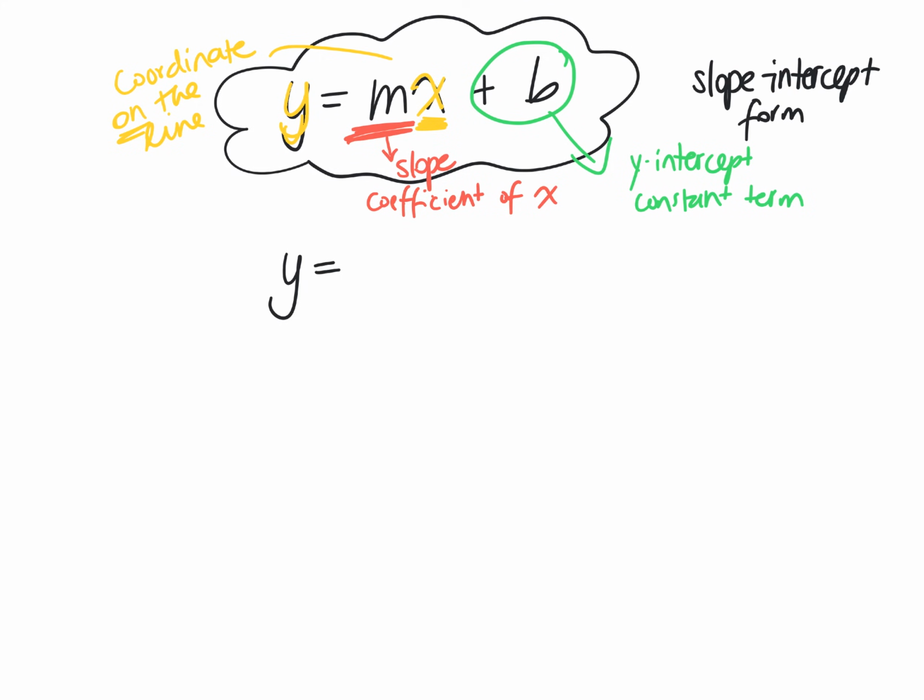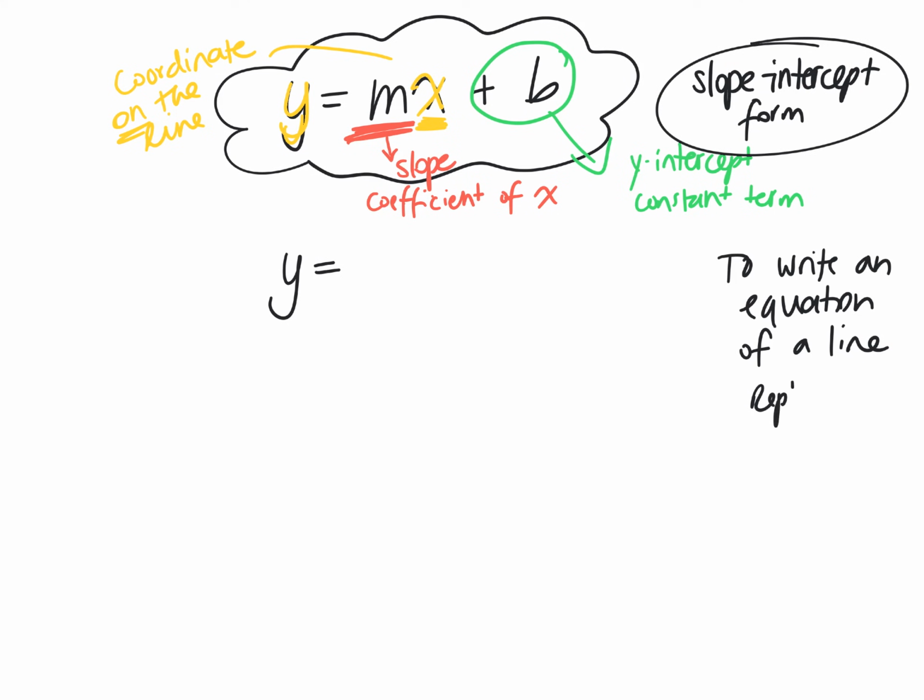When you're writing the equation of a line, so to write an equation of a line in slope-intercept form, just replace m and replace b. Okay, so we leave the y and the x.